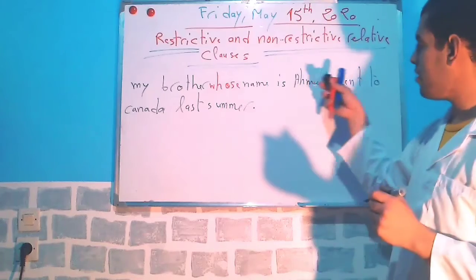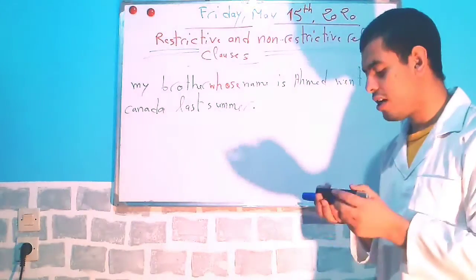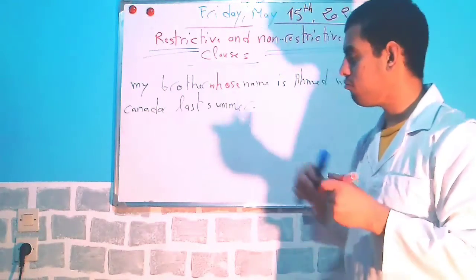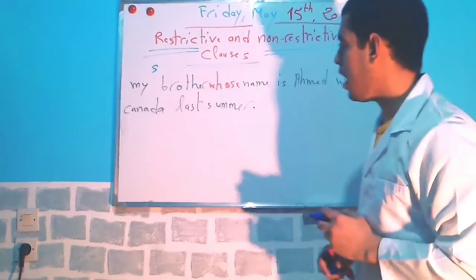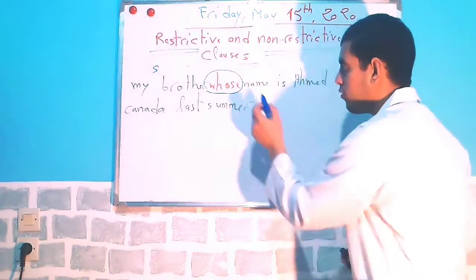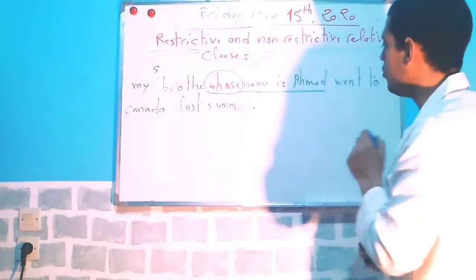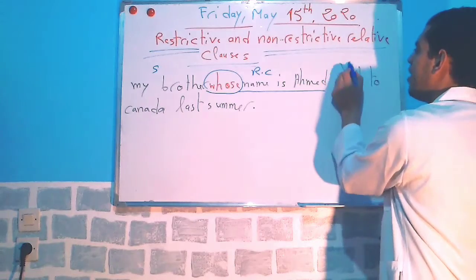So my brother, whose name is Ahmed, went to Canada last summer. Where is the relative clause? So I have my brother. This is a subject, and I have whose. What is whose? It's a relative pronoun. Whose name is Ahmed. So this is the relative clause. And I have the verb.